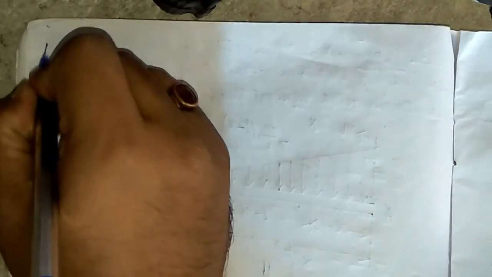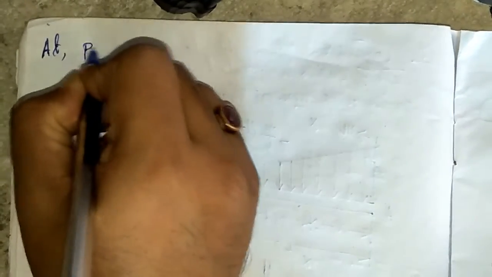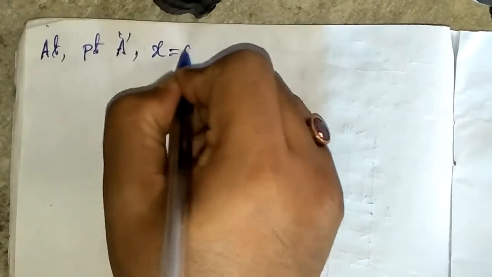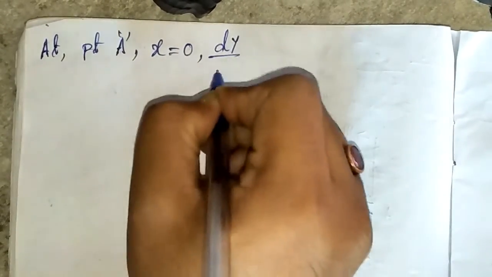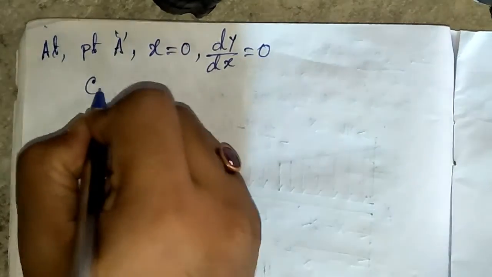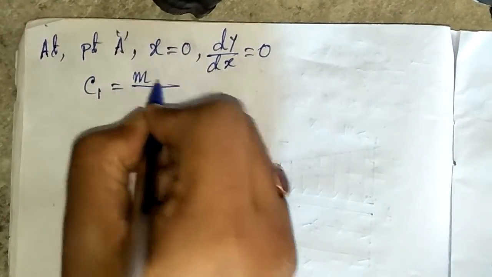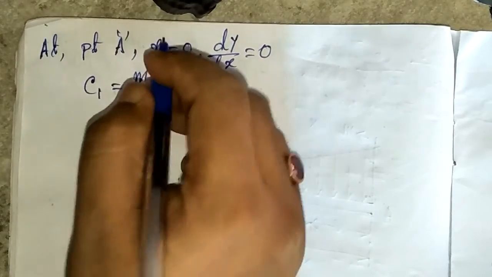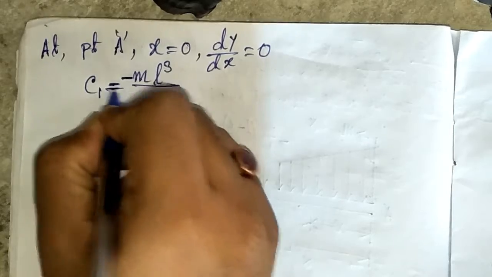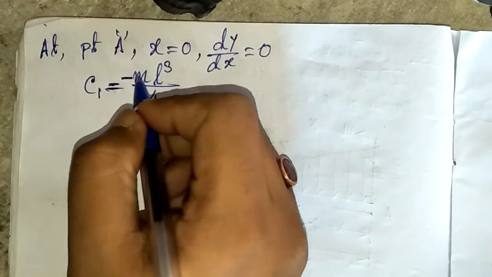So at point A, the value of x is 0, as well as the value of dy/dx is also 0. So we get the value of C1 equals minus ML cubed by 24.